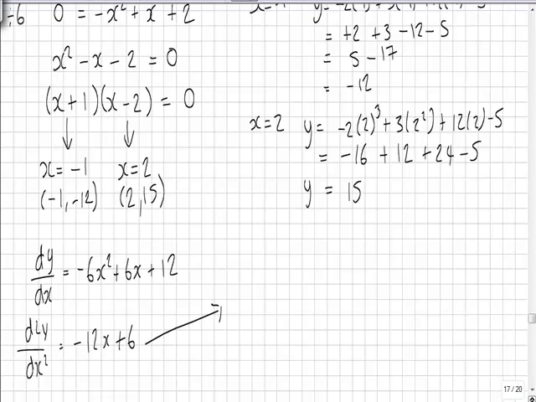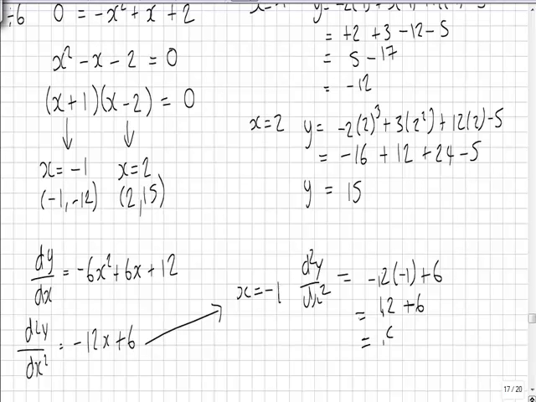So when x is equal to minus 1, d2y by dx squared is equal to minus 12 times minus 1 plus 6, which is actually equal to 12 plus 6, which is 18. This generates a positive answer, which means that is in fact a minimum.